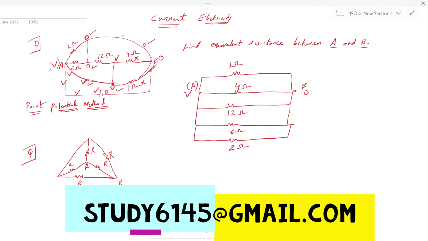But 4, 12, and 6 are in series? How can it be in series? There is a line over here. This is a different potential. Understood? Because the potential is different, the current will be different. So just solve this and get the answer.